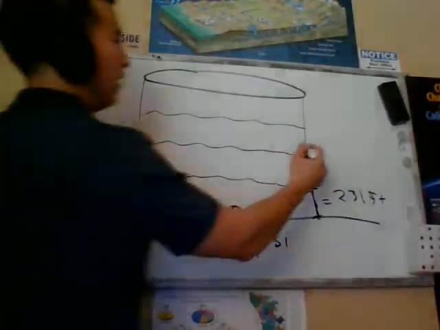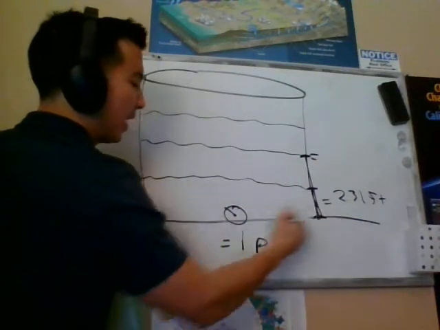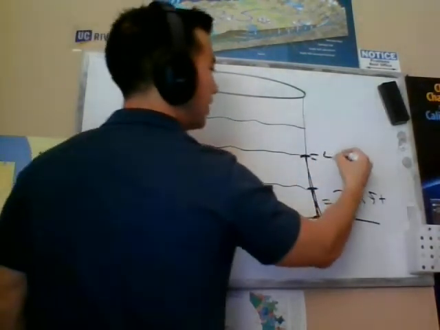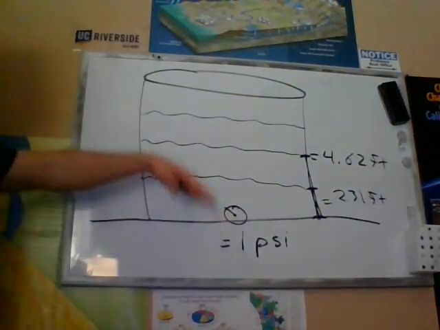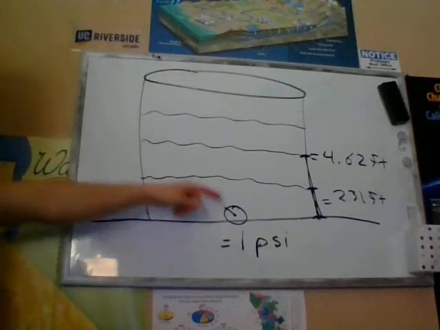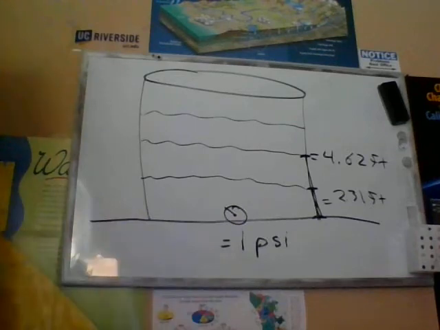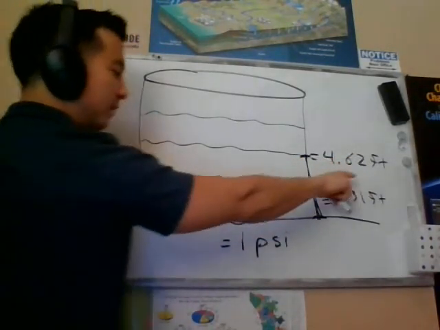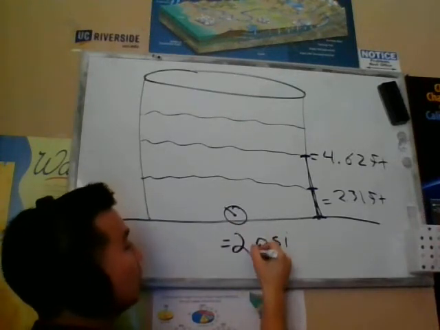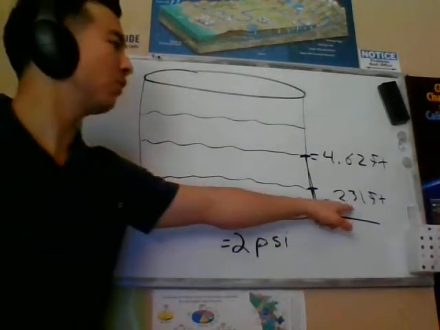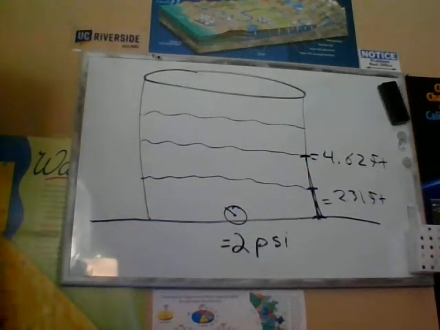Let's say the water level, measured from here to the bottom where my pressure gauge is reading, is now 4.62 feet. I now have 4.62 feet of head from some reference point, in this case the bottom of my reservoir. Now with 4.62 feet, I'm going to end up with a PSI not of 1, but of 2, because for every 2.31 feet of head, I end up with 1 pound per square inch of pressure.